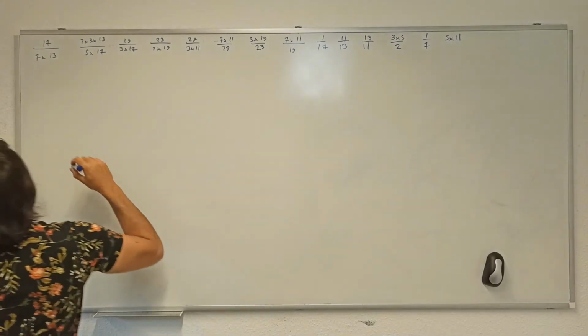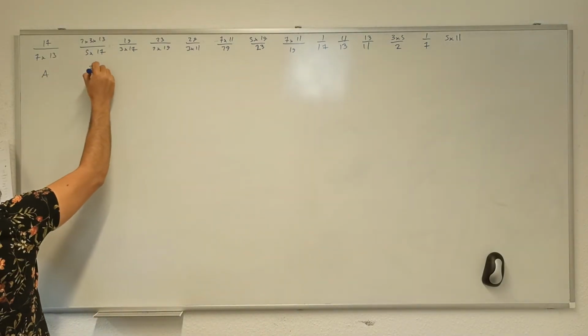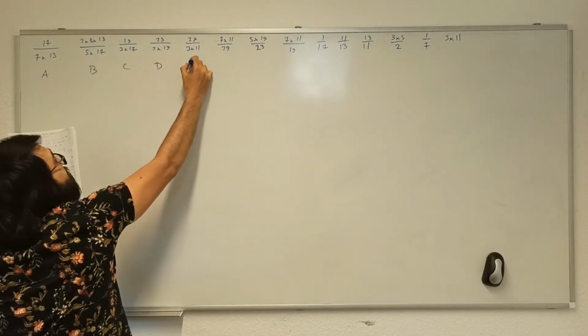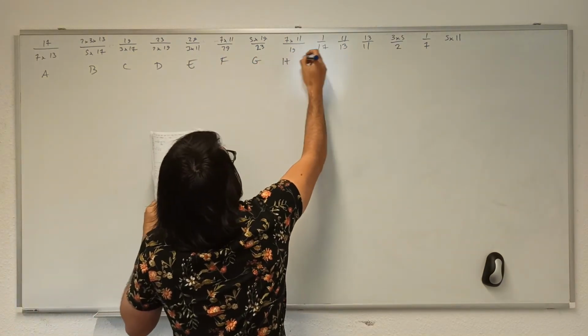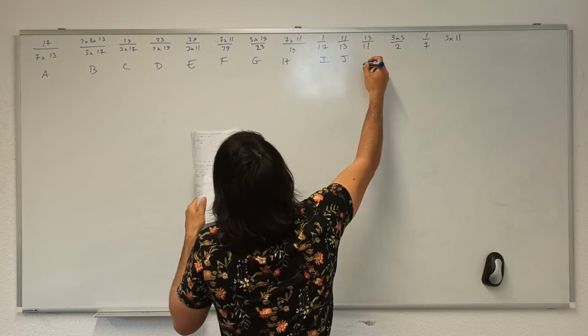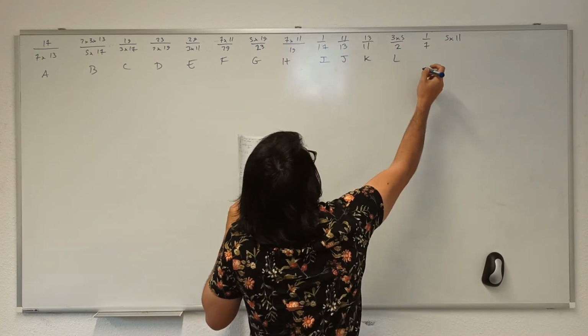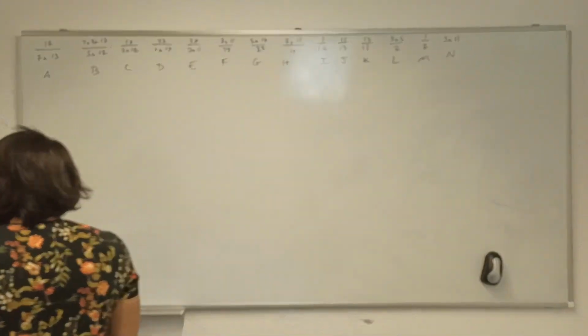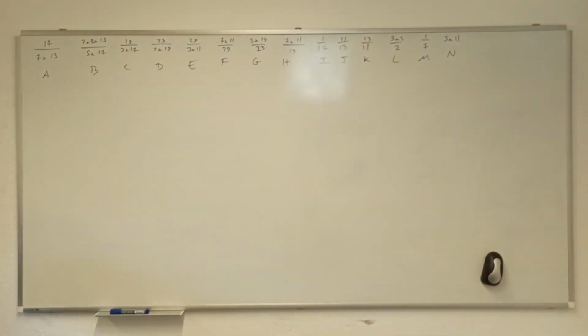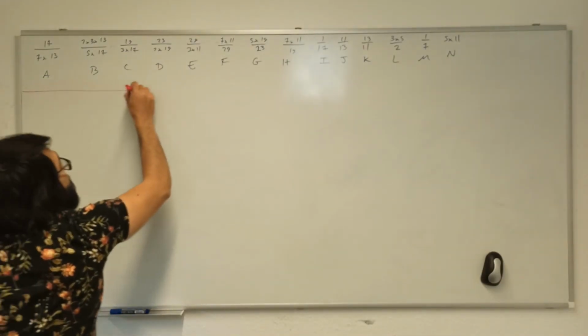Okay, let me give names for these: A, B, C, D, E, F, G, H, I, J, K, L, M, N. These are the fractions in the prime game.